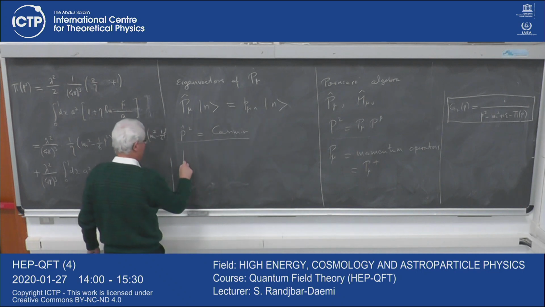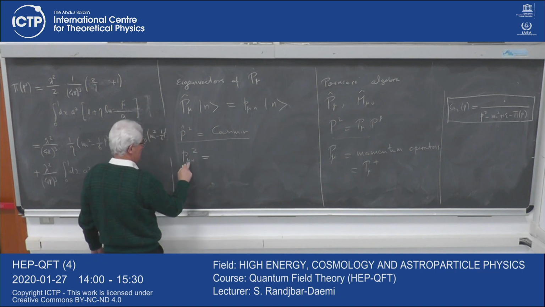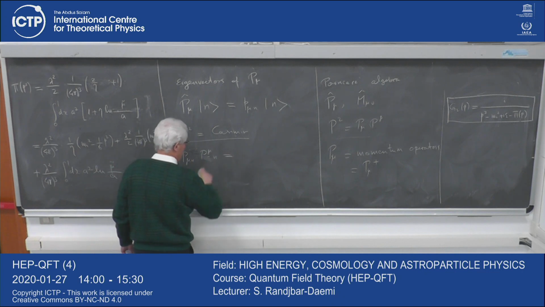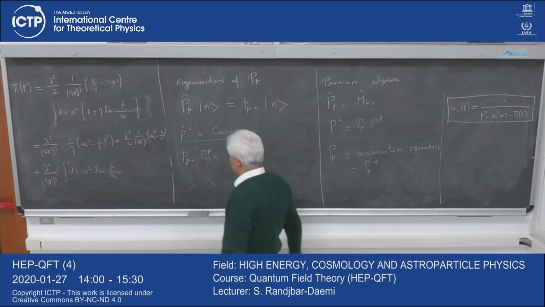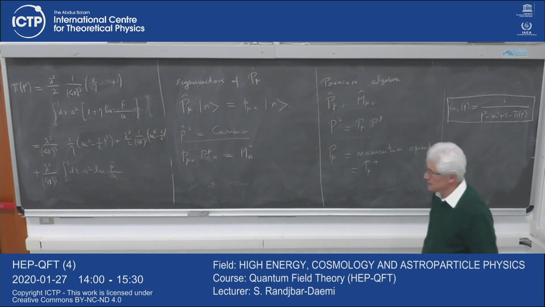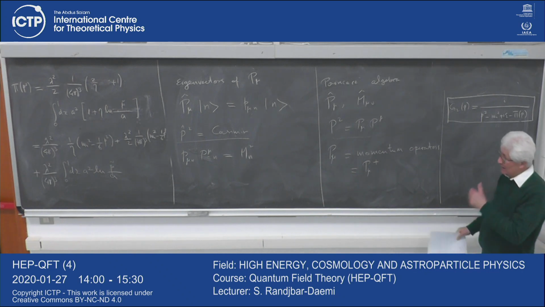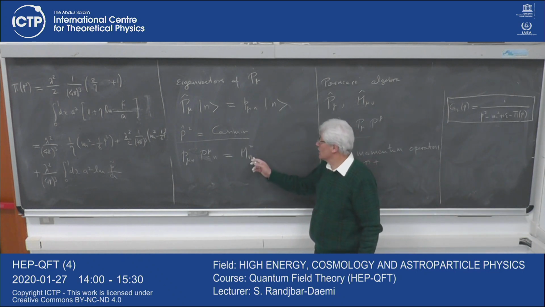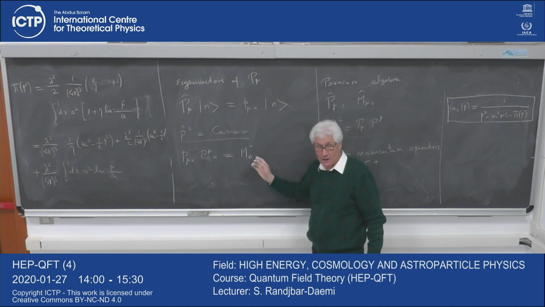So the eigenvalues, when I put this square, let me write this explicitly: mn squared. In every representation, it's proportional to the unit operator, and the coefficient of proportionality we call mn squared. When n changes, we go from one eigenvector to another, and correspondingly the eigenvalue changes.